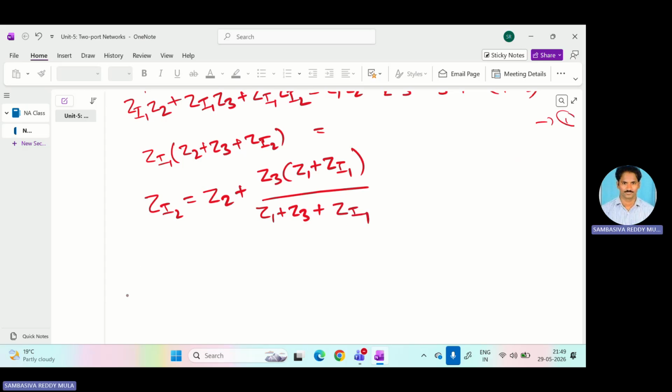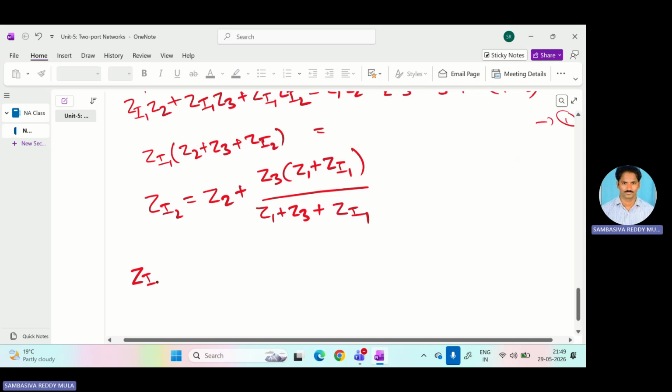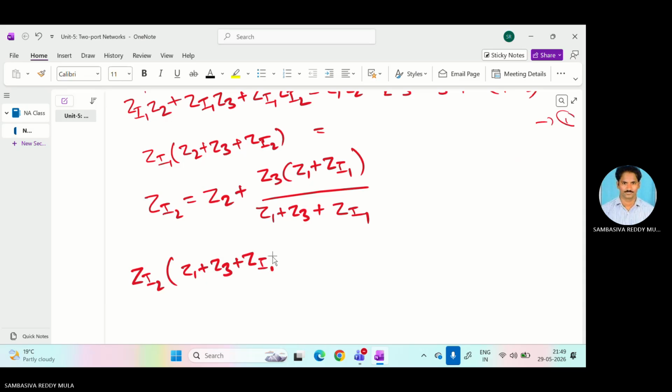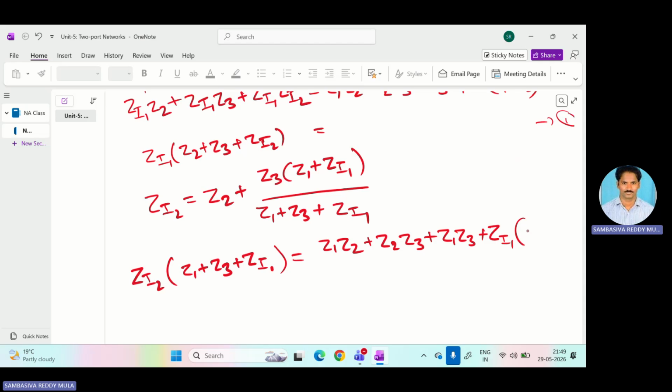If you cross multiply this also, we get ZI2 into Z1 plus Z3 plus ZI1 equal to Z1 Z2 plus Z2 Z3 plus Z1 Z3 plus ZI1 into Z2 plus Z3.